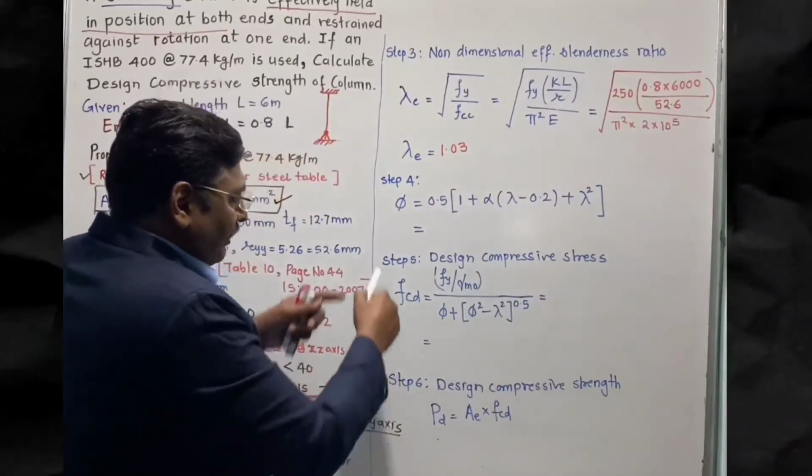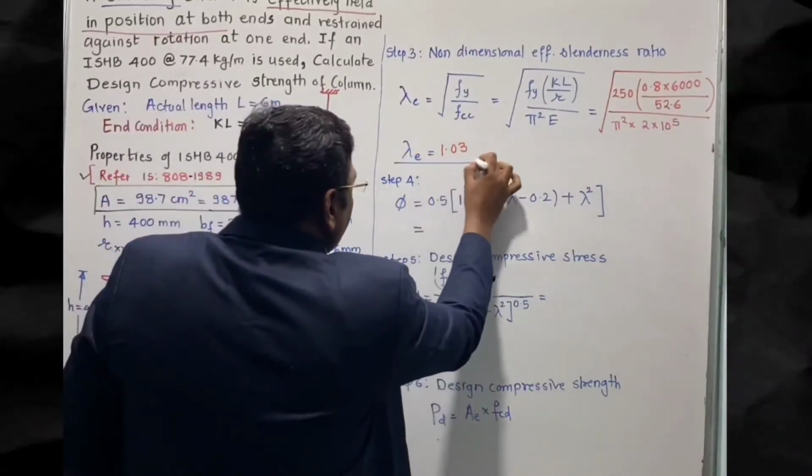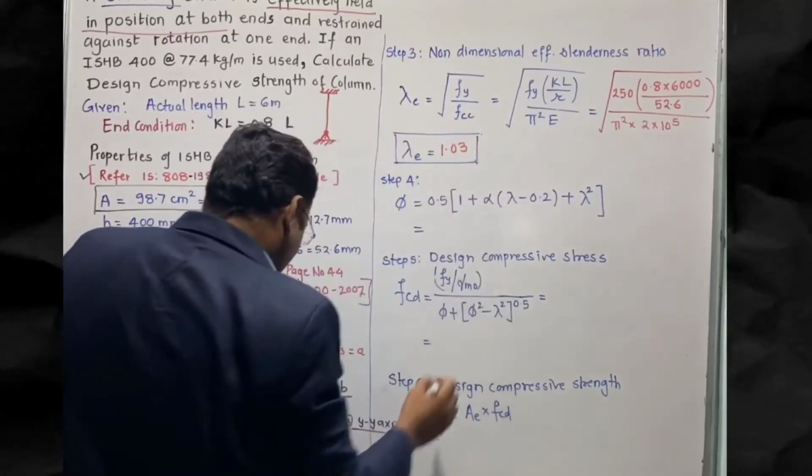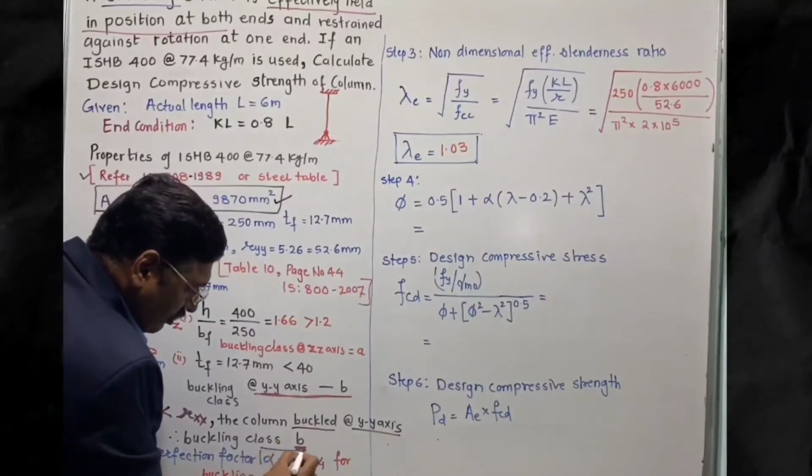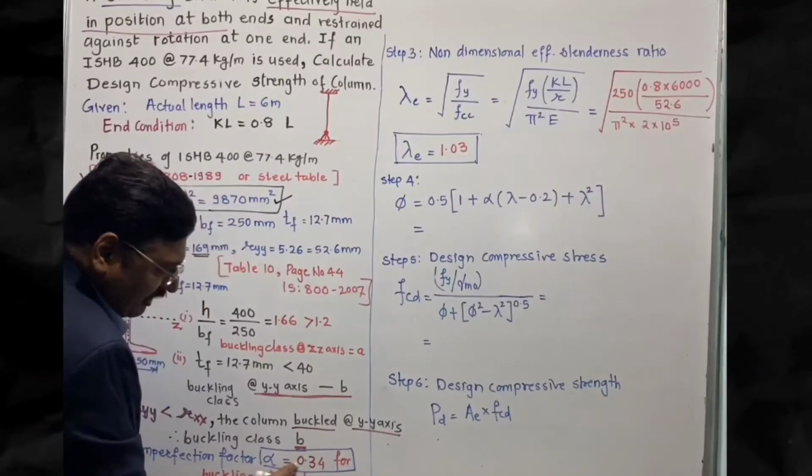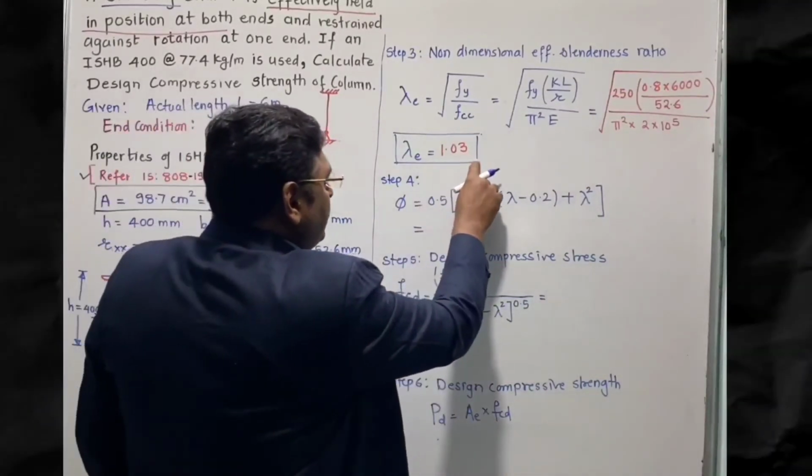Now next we have to find out phi. Lambda is known to us and alpha is also known to us. So alpha is 0.34 and lambda is 1.03.